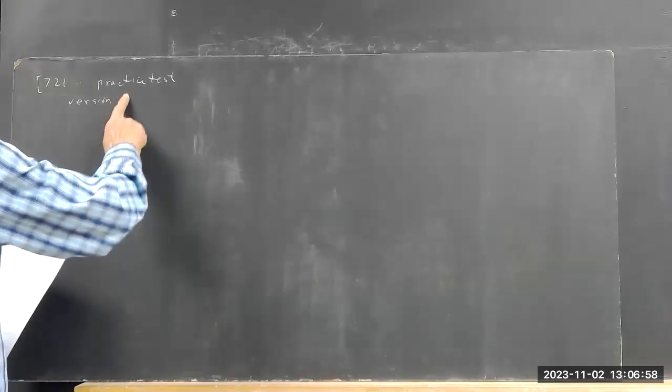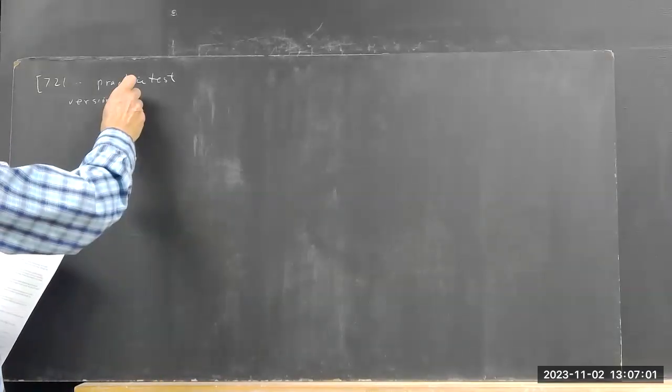Let me make sure I'm saying it right. I'm getting the practice test and the homework problems all mixed up. Okay. I believe this is practice test version 1. Anyhow.